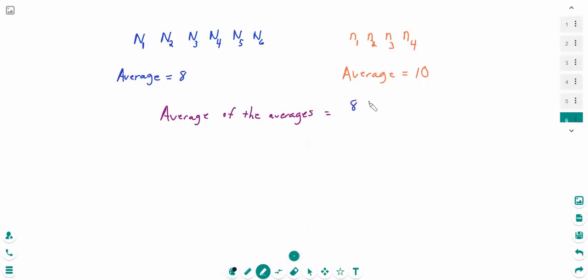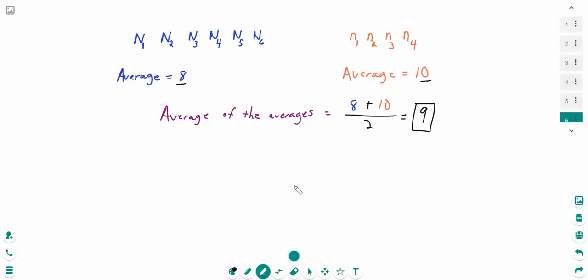Because that's our two numbers here. 8 plus 10 divided by, how many numbers are we dealing with here? Well, we've got 2 numbers, so it's divided by 2. So 8 plus 10 is 18. 18 divided by 2 is 9. So the average of the averages is 9.